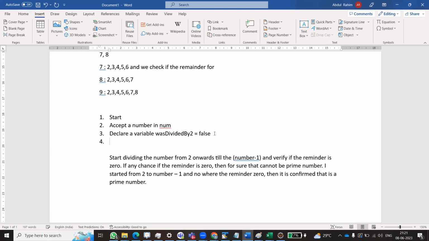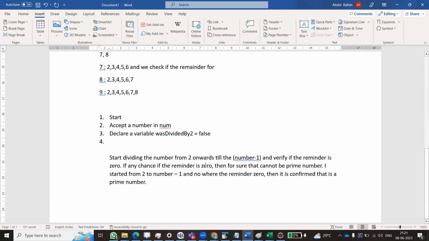Next, let me start. Dividend, what is the other number you called it? What is dividend? There are three things, right? One is dividend, the other is divider.